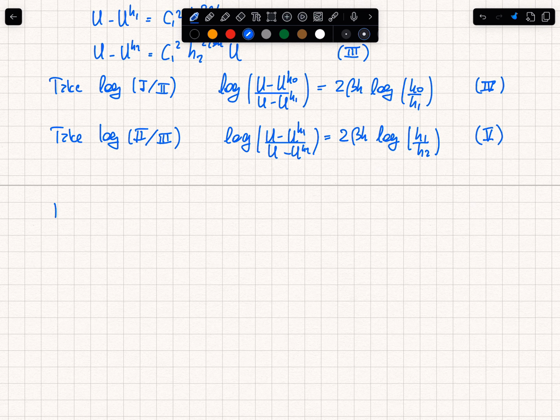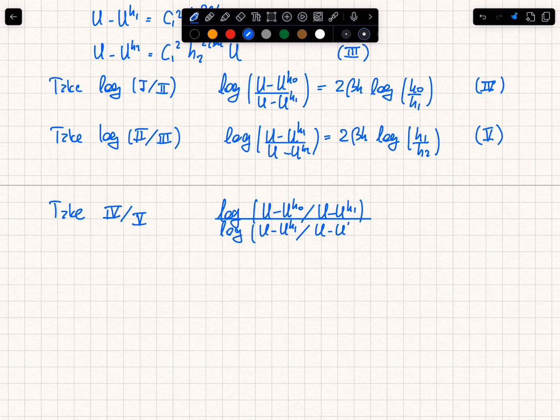And now I take 4, I divide it by 5. Then I have the log of U minus UH0 divided by U minus UH1 in the numerator, log of U minus UH1 divided by U minus UH2 in the denominator, is equal to the log of H0 divided by H1 in the numerator, log of H1 divided by H2 in the denominator.